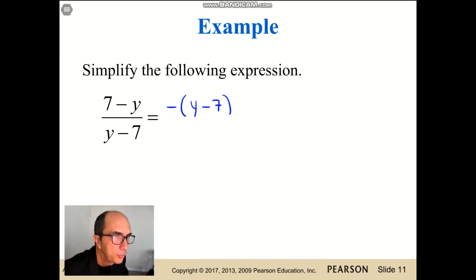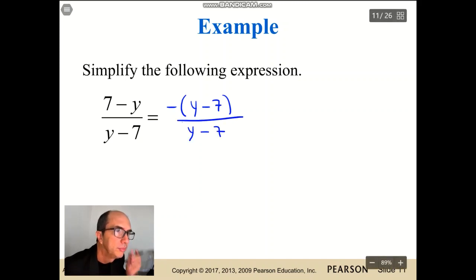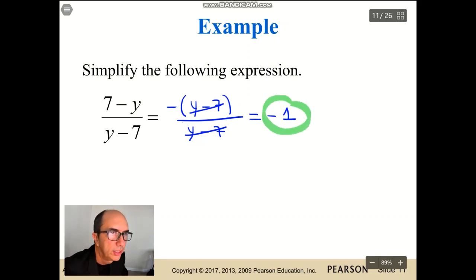So I'm rewriting this as negative y minus 7 over y minus 7. This means we can simplify. We can divide y minus 7 over y minus 7, which is 1. This is equal to negative 1. So this is the simplification of that rational expression.